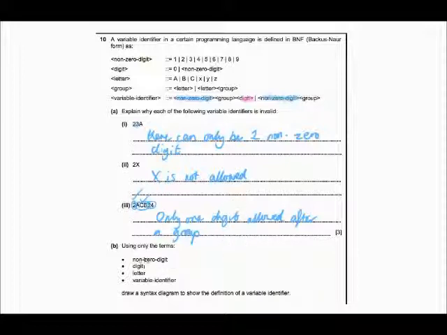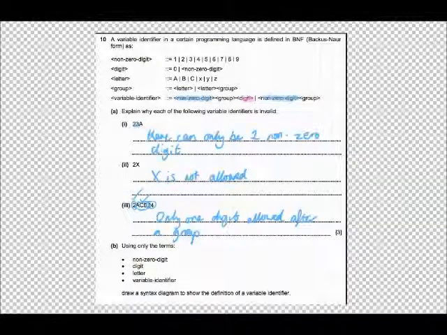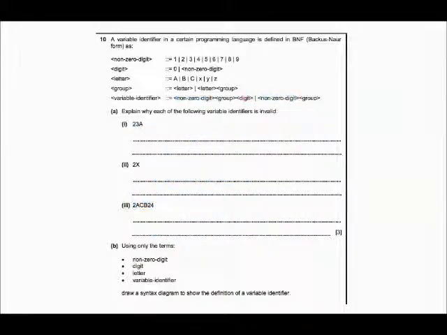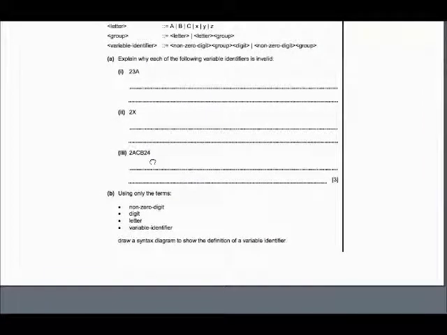Okay, right. B, using the terms non-zero digit, digit, letter and variable identifier, draw a syntax diagram to show the definition of a variable identifier. Okay, so draw a syntax diagram for this.